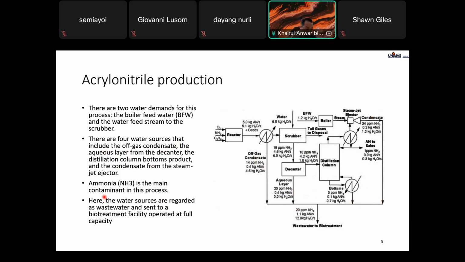Ammonia is the main contaminant in this process.